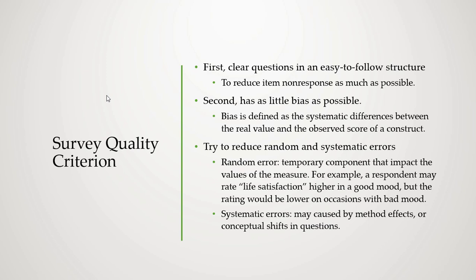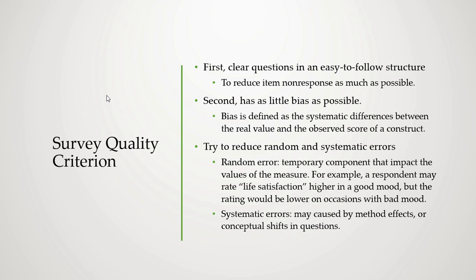The second type of error is called systematic errors, which are caused by method effects or conceptual shifts in questions. Random errors are mostly uncontrollable, so the goal is to minimize systematic errors.